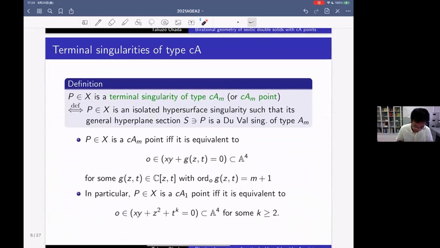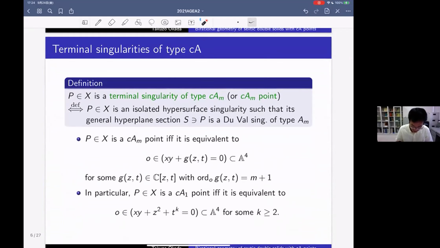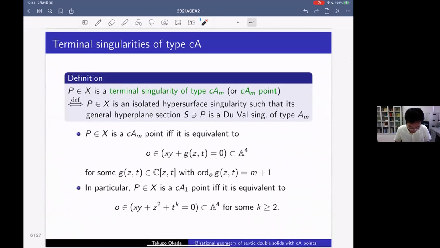Okay, next. Before going to the next case, I introduce some terminal singularity of type cA, compound A singularity.